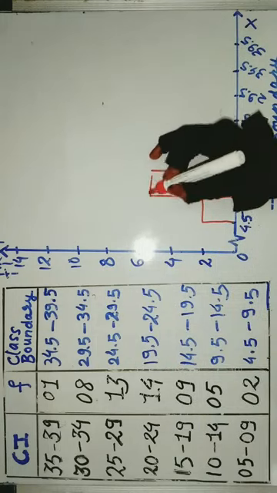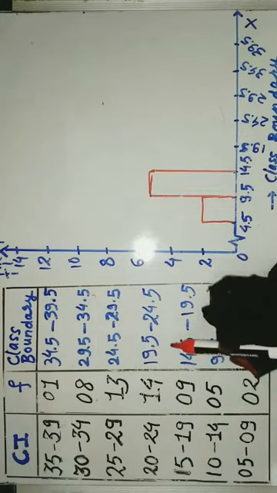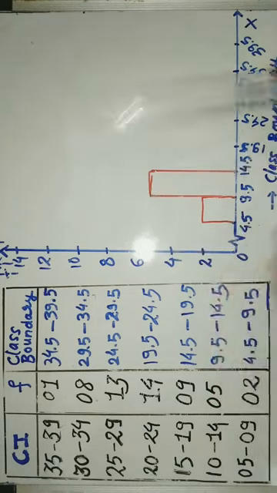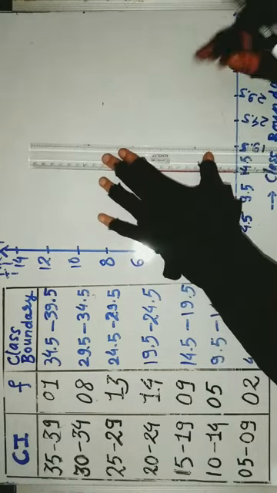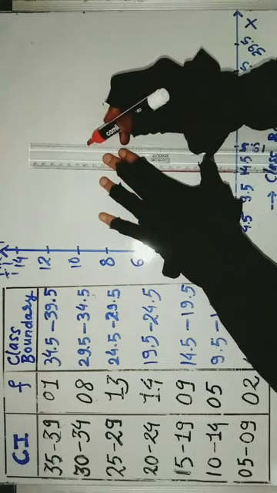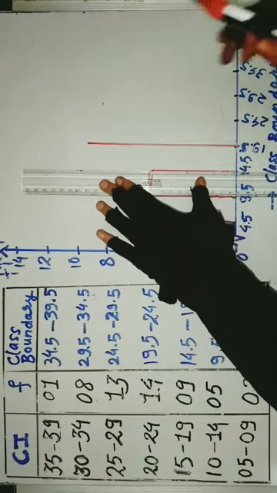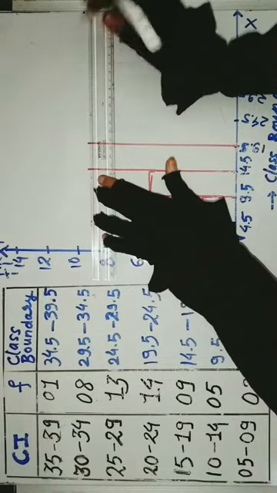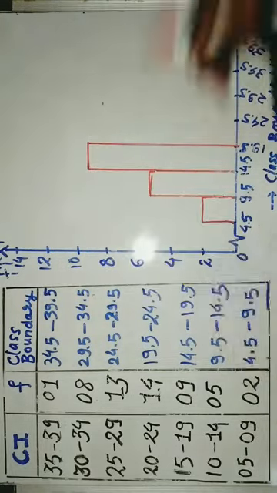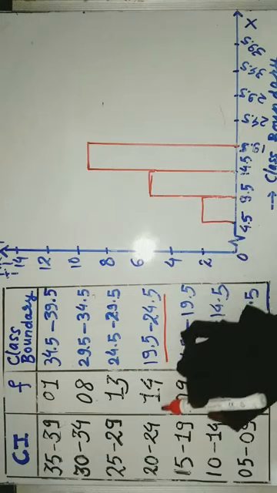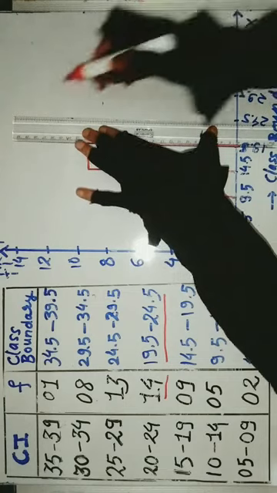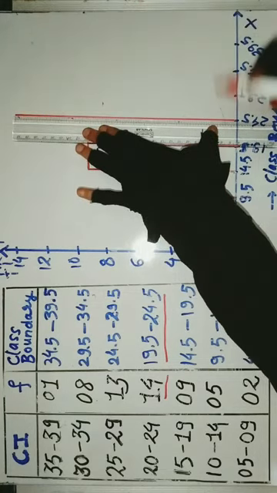Next, our next class boundary is 14.5 to 19.5, and its frequency is 9. So the next rectangle will be, frequency 9 is at the middle of 8 and 10. Next, our next class is 19.5 to 24.5, and its frequency is 14.